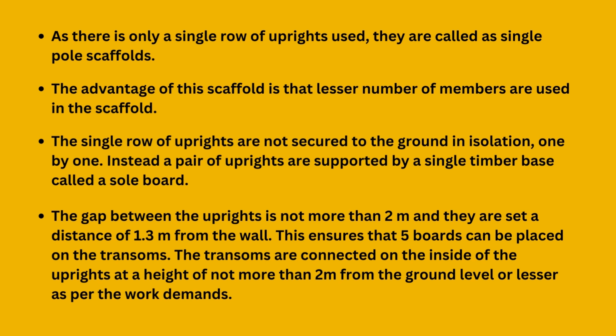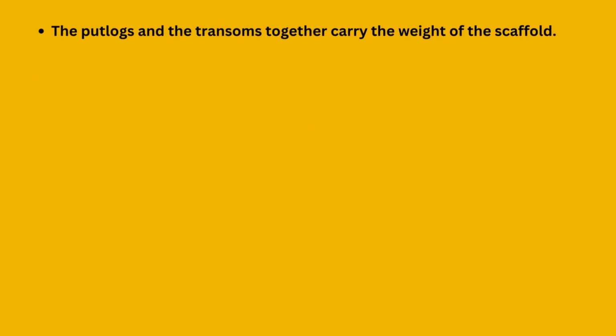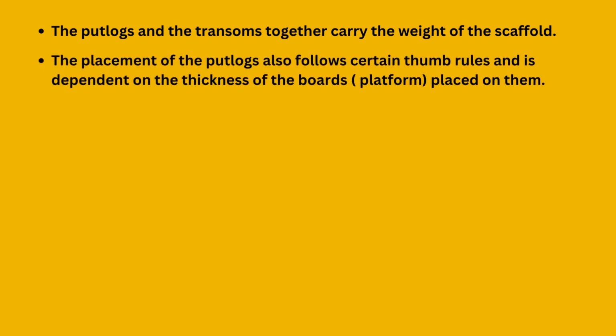The transoms are connected on the inside of the uprights at a height of not more than 2 meters from the ground level or lesser as per the work demands. The putlogs and the transoms together carry the weight of the scaffold. The placement of the putlogs also follows certain thumb rules and is dependent on the thickness of the board or the platform placed on them.